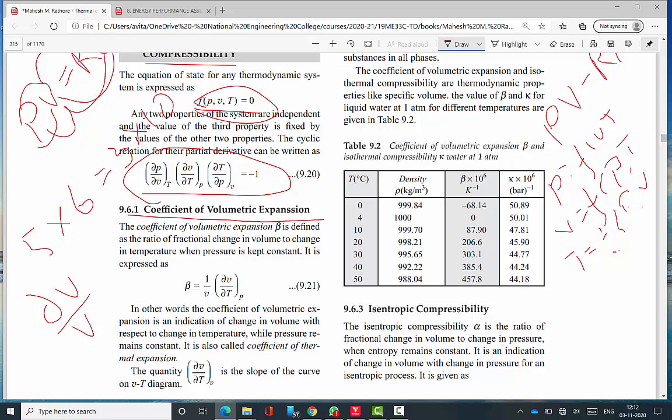This ratio, fractional change in volume to change in temperature at constant pressure, is called the coefficient of volumetric expansion.